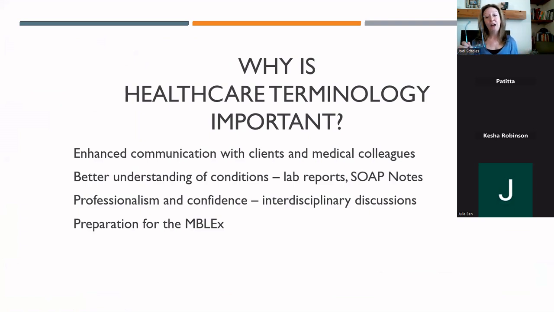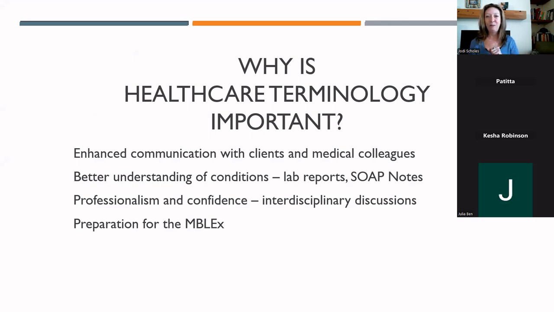But why we care about healthcare terminology is because this gives us more descriptive words to communicate, sometimes with clients, sometimes with colleagues, people you work with, and sometimes with doctors and nurses. It gives you another layer of language to understand a condition.